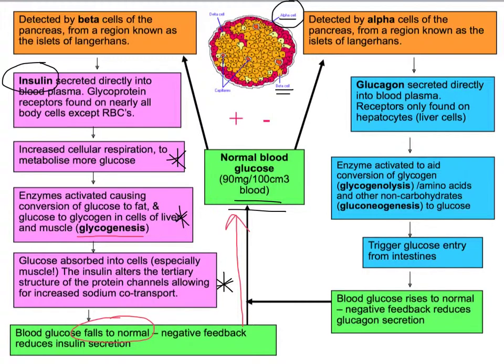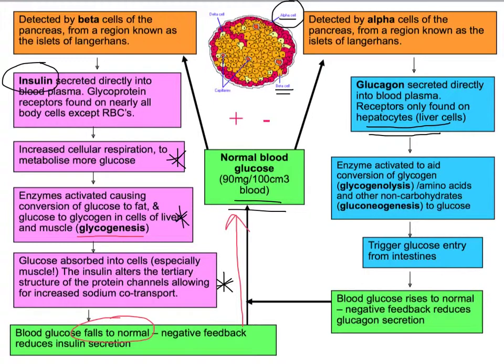Glucagon, this hormone, this time is secreted directly into blood plasma, and receptors for it are only found on hepatocytes, which is the proper scientific term for liver cells. So I said on the slide previously that glucagon will take our glycogen and put it back as glucose, and that's what happens.